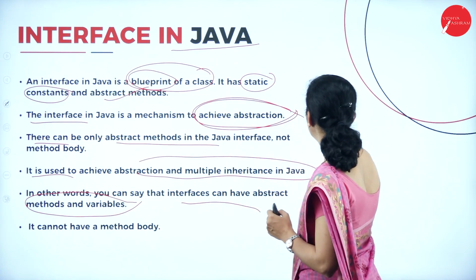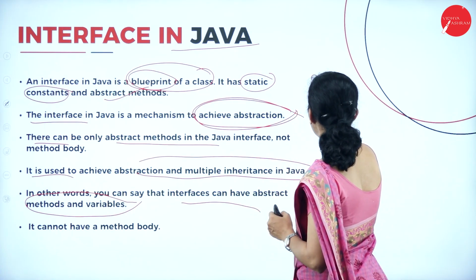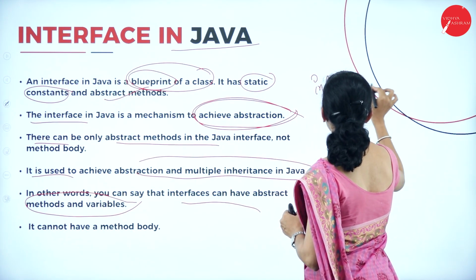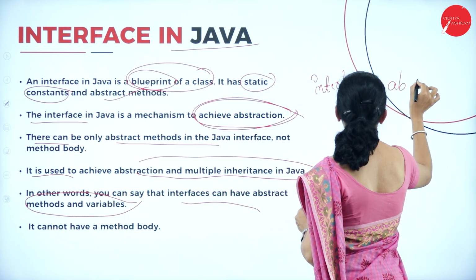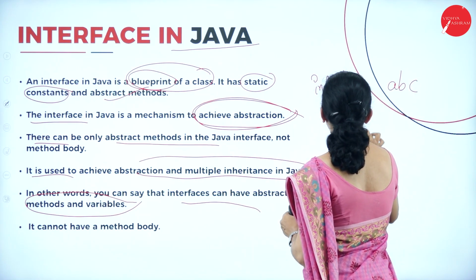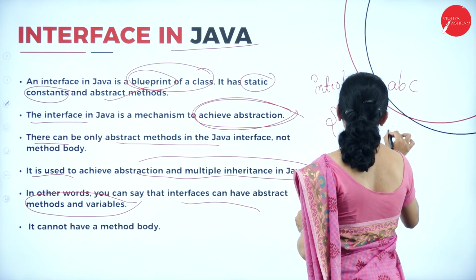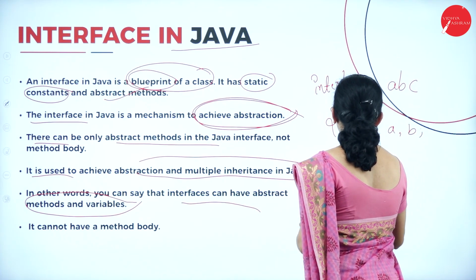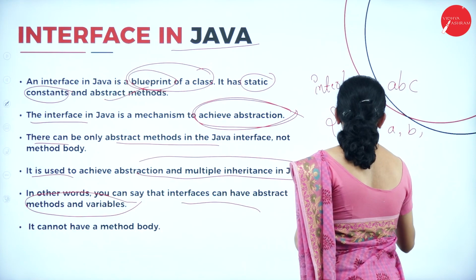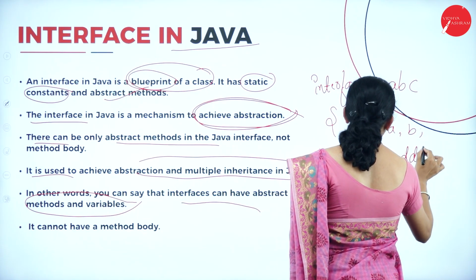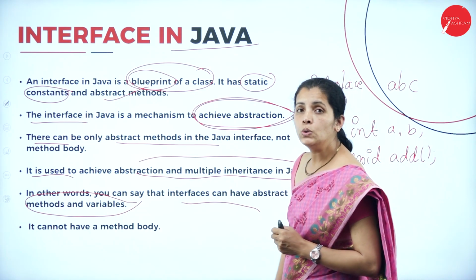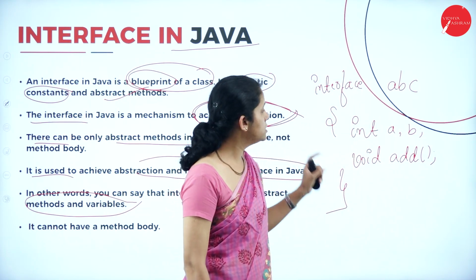For example, think that I want to create an interface. For that, I'm going to use the keyword interface and write ABC, and I'm going to write int A, B, and I'm having an abstract method. So this is the way I can use interface in Java.